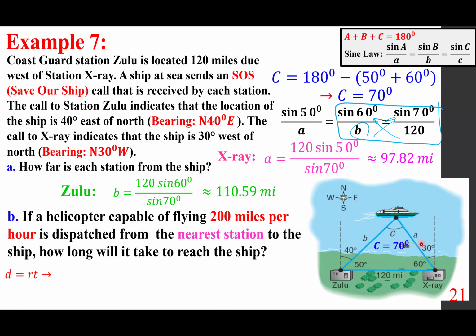And we know D is equal to RT, and T is the distance divided by R. What distance? The A distance, A over R. Why A? Because A is smaller, everybody. So we're going to use 97.82 and divide it by 200 miles per hour to see how long it takes.